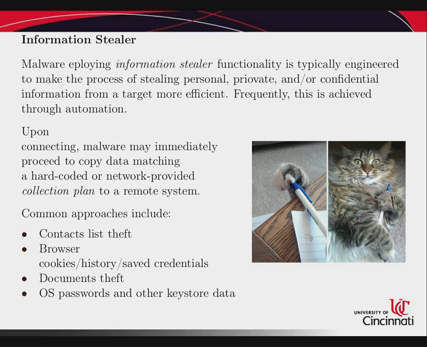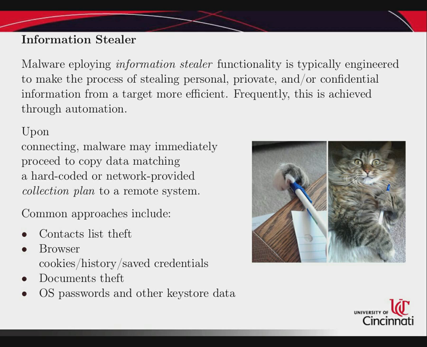So another piece of malware, or I should say another malware function, I've got more misspellings, oh well. Another function that I've seen implemented in malware is what I call information stealing functionality. While some of the backdoors and remote access tools that I described earlier give you the ability to achieve these goals, a lot of times it's very common for somebody to implement information stealing functionality directly into malware.